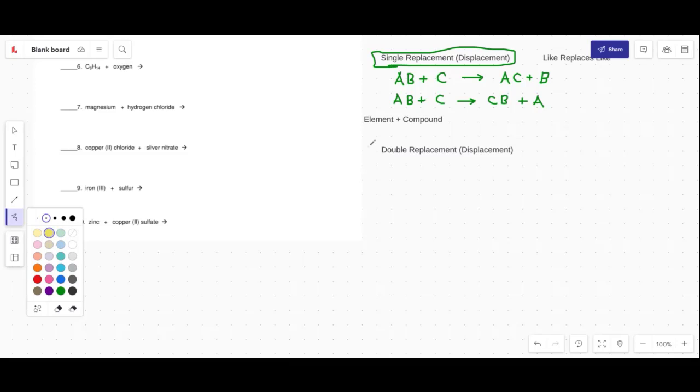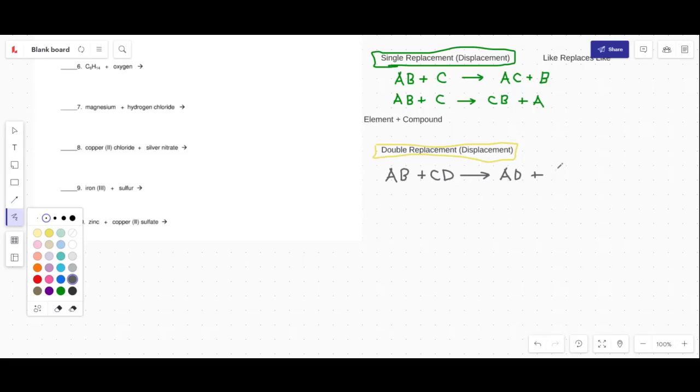With the double replacement reaction, the way you can tell, looking at the reactants, is that you always get two compounds reacting, and typically it's two ionic compounds, so that AB plus CD goes to form AD plus CB.